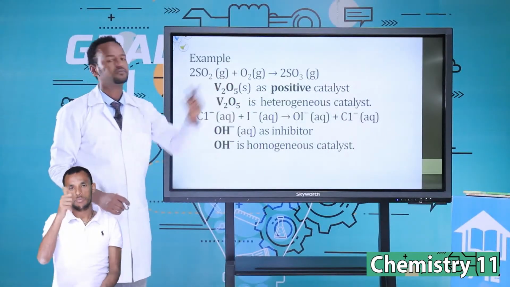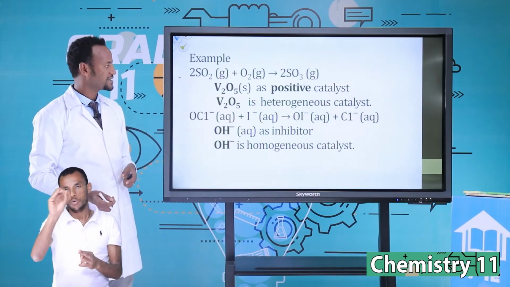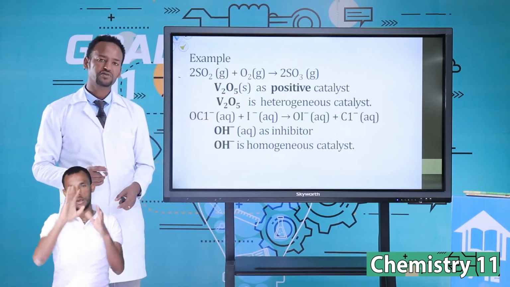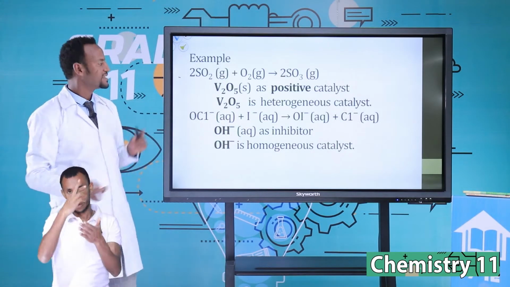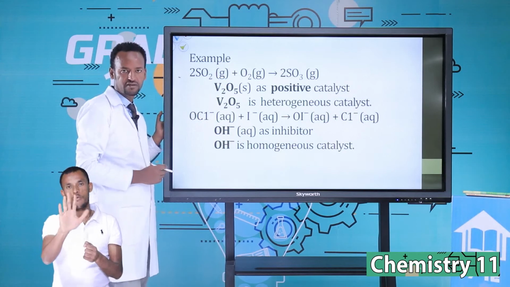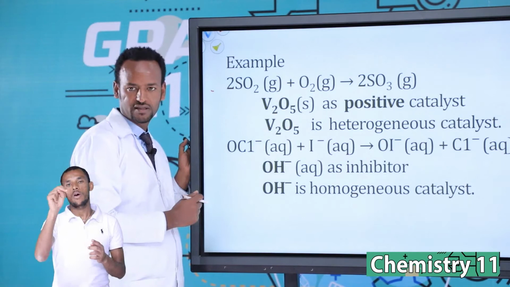Look at this reaction: 2SO2, or sulfur dioxide gas, plus oxygen gas gives sulfur trioxide, or 2SO3 gas. In this case, the catalyst that can be used is V2O5, vanadium pentoxide. The physical state of vanadium pentoxide is solid.